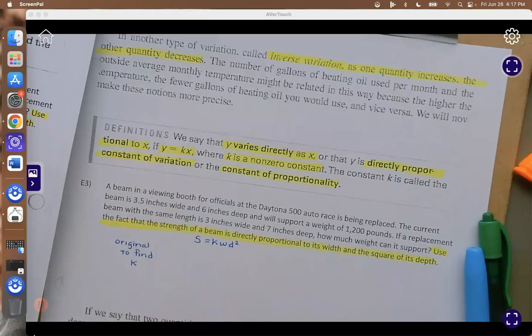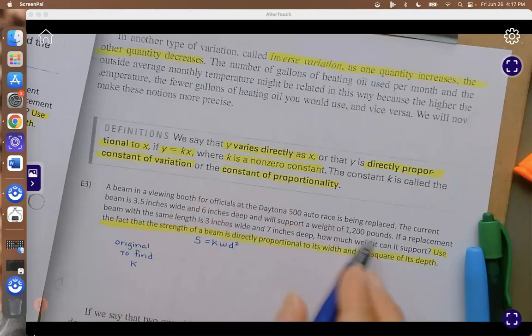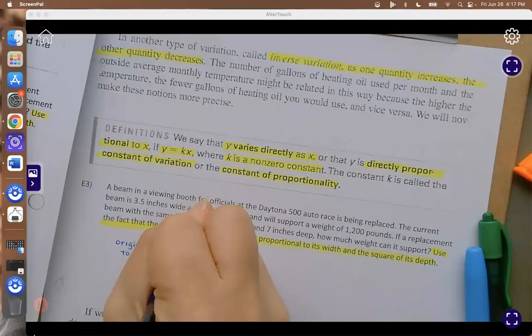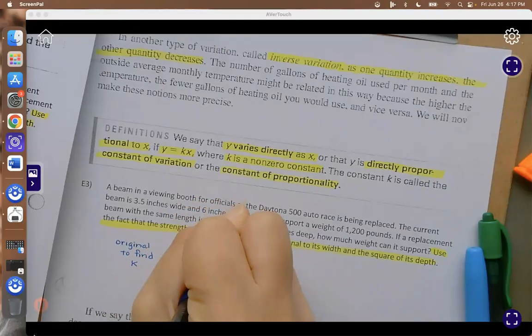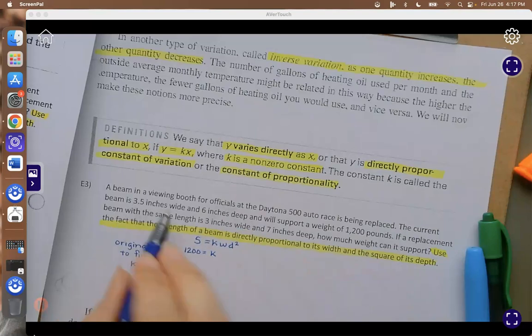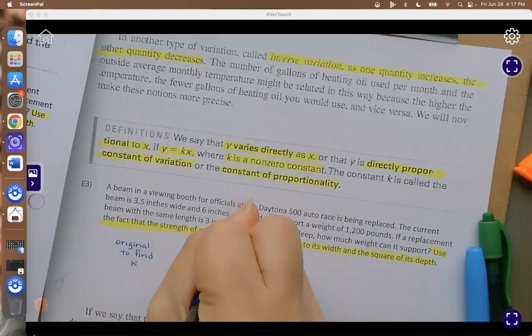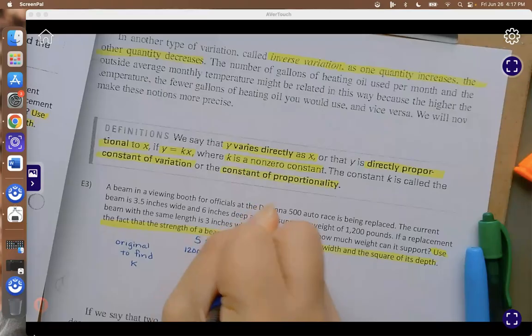Okay, and then we'll find the strength after for the new one. Okay, so the strength of this one is 1,200 pounds. We don't know K. Our width was 3.5 and the depth is 6.